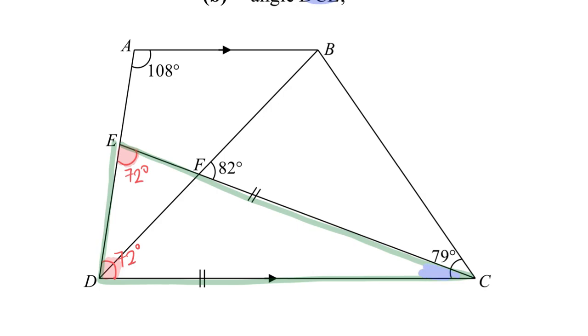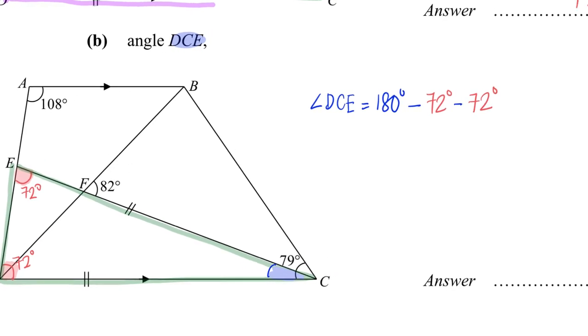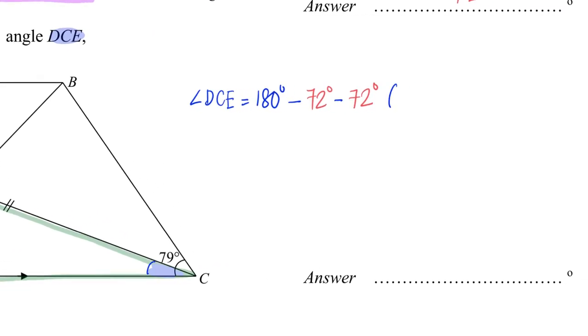So to find angle DCE, it is essentially angle sum of a triangle. That means 180 minus away my two 72 degrees, yeah? And what is the reason for this?